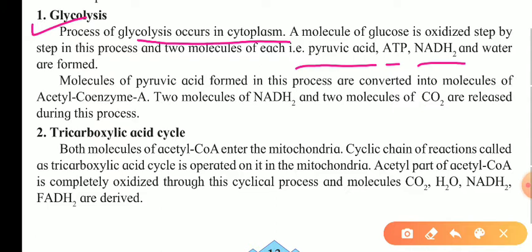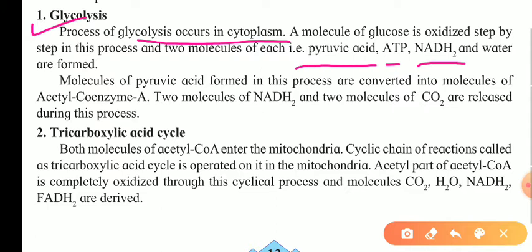And water is formed. Means when we talk about a single molecule of glucose, it gets divided into multiple molecules: two pyruvic acid, one ATP, which is adenosine triphosphate, and two molecules of NADH2.